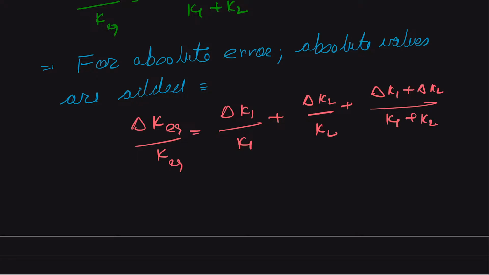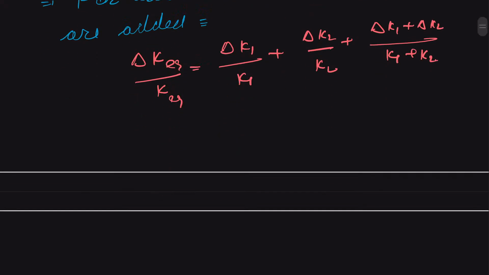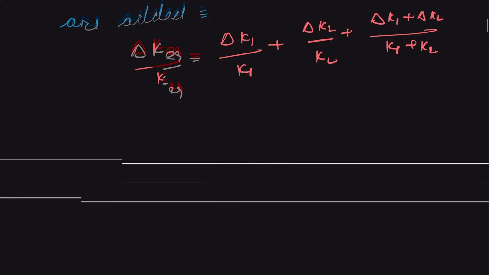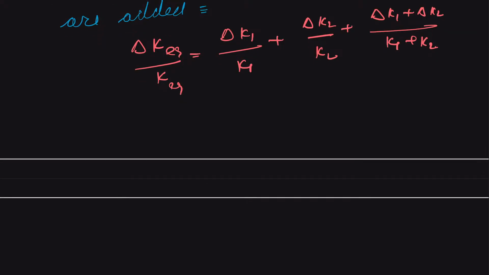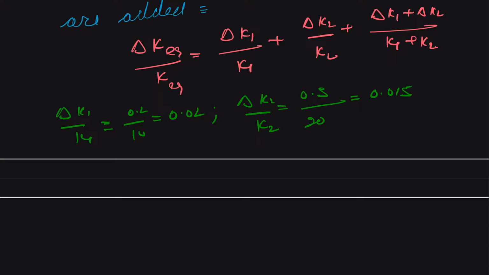Now we are going to substitute their numerical values. First we find delta K1 upon K1, which will be 0.2 divided by 10, giving us 0.02. Then delta K2 upon K2 will be 0.3 upon 20, which comes as 0.015.